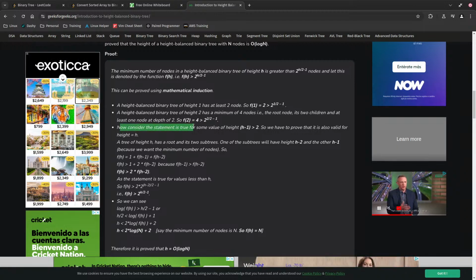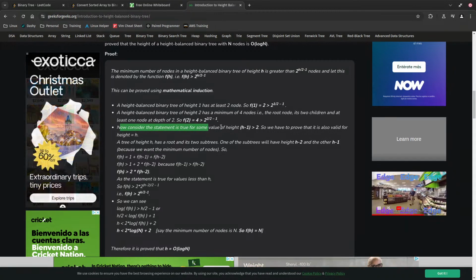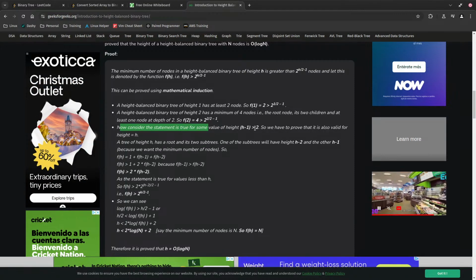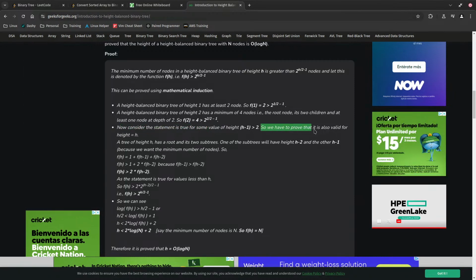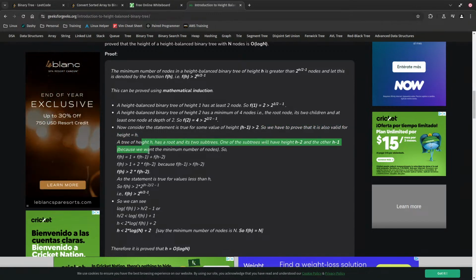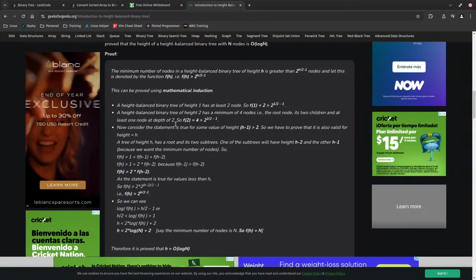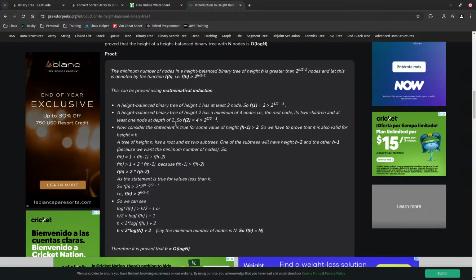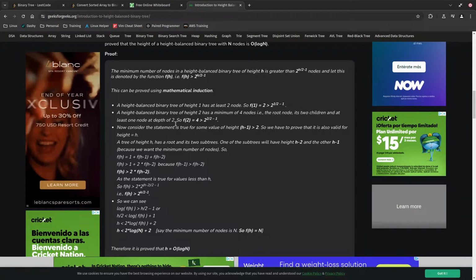Now consider the statement is true for some value of height h minus 1, where h is greater than 2. So we have to prove that it is also valid for height equal to h. A tree of height h has a root and its 2 subtrees.